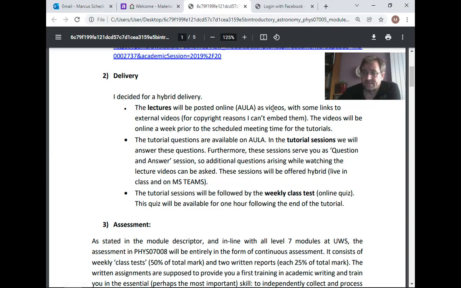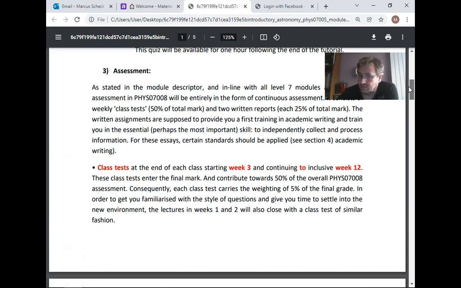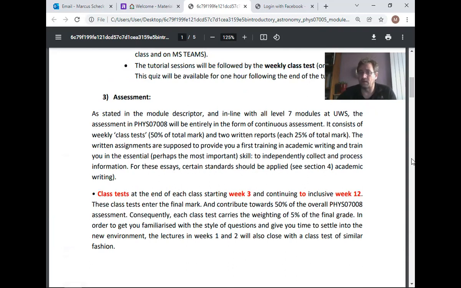The other part of the assessment will be 2 essays. Each essay counts 25% of the total mark. And this weekly class test and these 2 essays form 2 individual pillars of coursework. That means in each of them, you need to get 30%, and then you can level up with 50% of the other pillar.